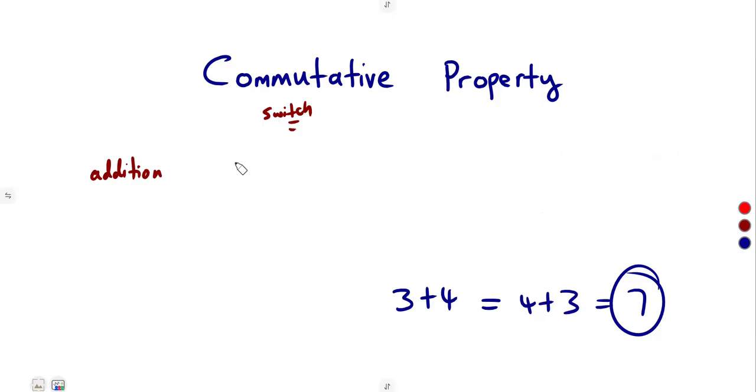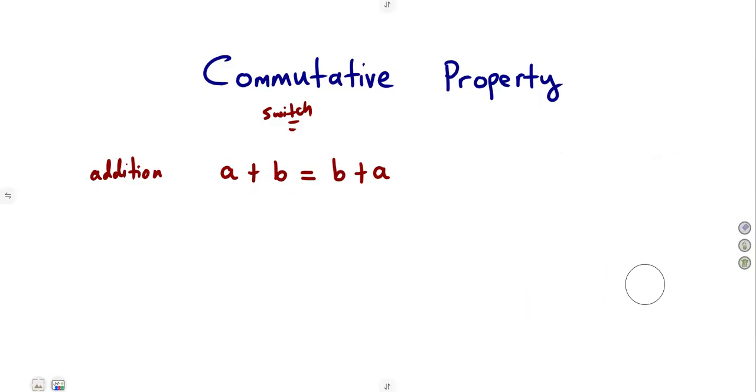If we are using A and B, it simply states that A plus B is equal to B plus A. That is for addition. We do not have anything for subtraction.